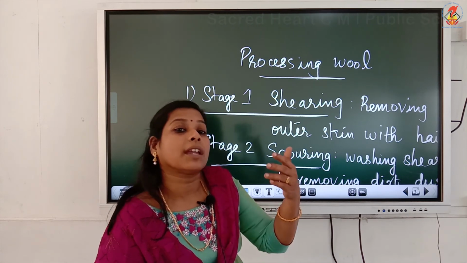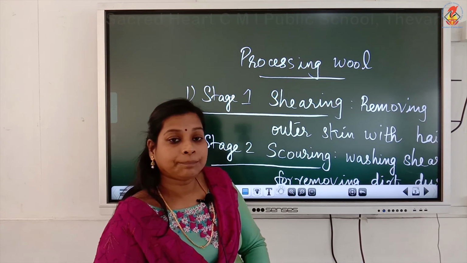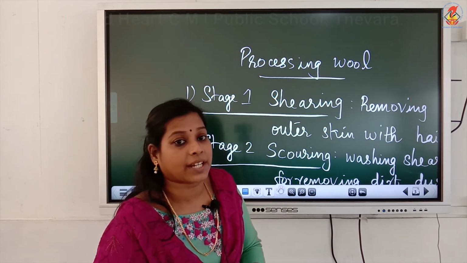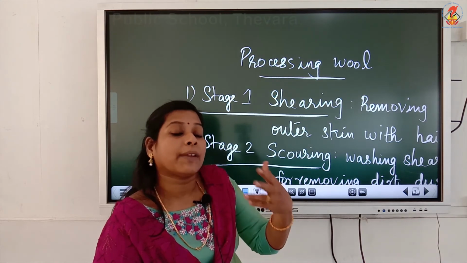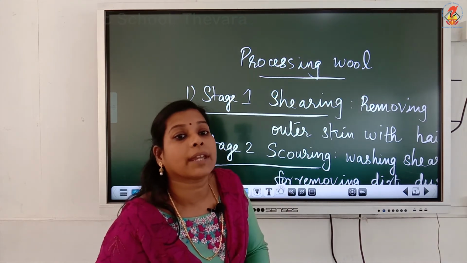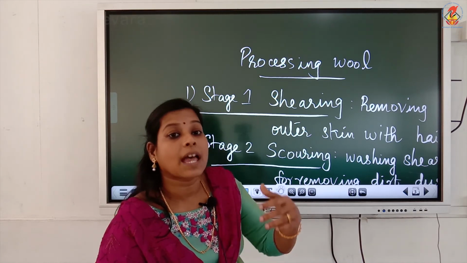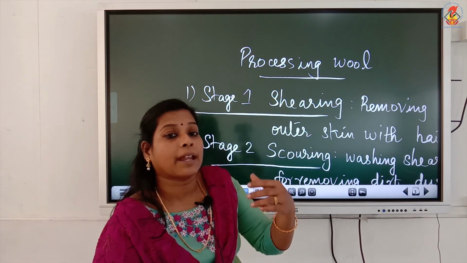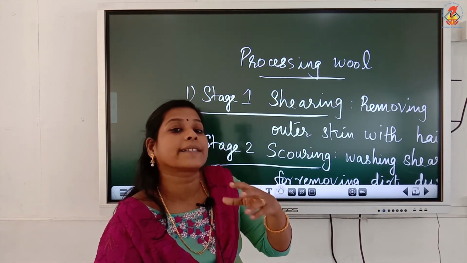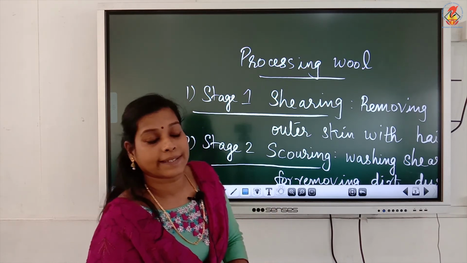So, if you are shaving that outer skin, it will not harm the animal. Also, shearing is done in summer season because it helps the animal survive in winter, because when the winter starts it will develop fresh hairs so that it can survive in that winter season.